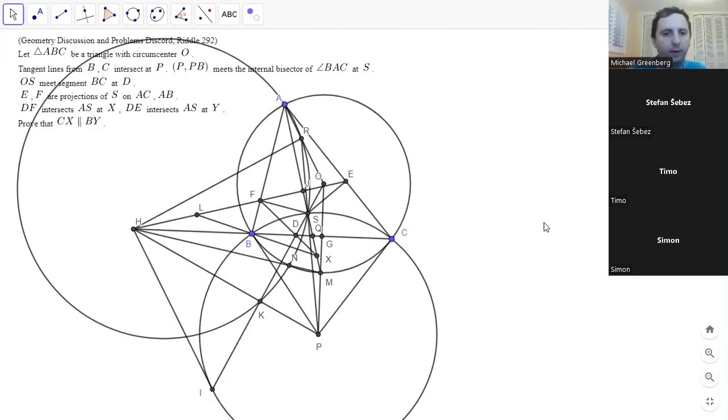Yeah, we have a lot of right angles here, so we have a lot of cyclic quads. But none of the cyclic quads pass through point X. It's the only thing.